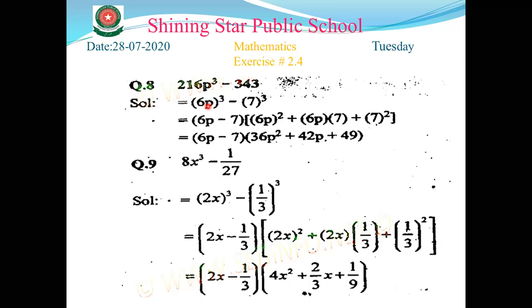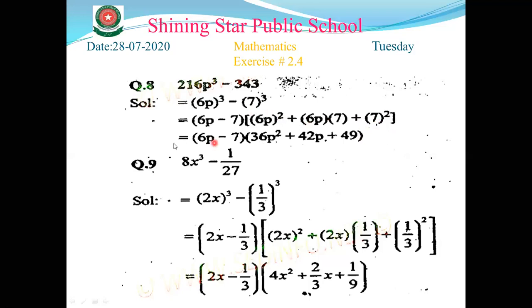Now a is 6p, b is 7, so a minus b, then 6p squared because of a², plus ab, a is 6p, b is 7, plus b², which means 7².